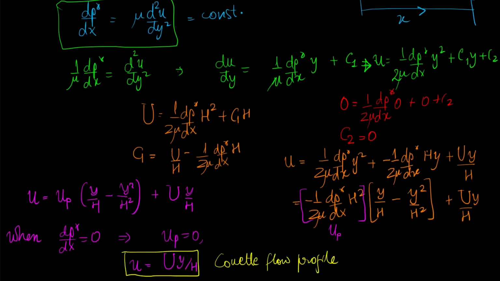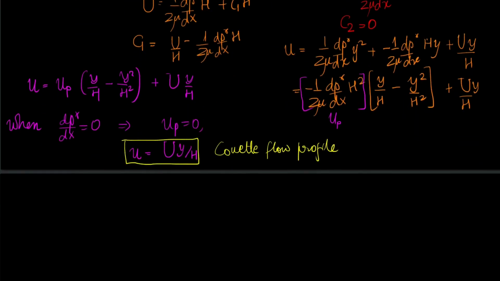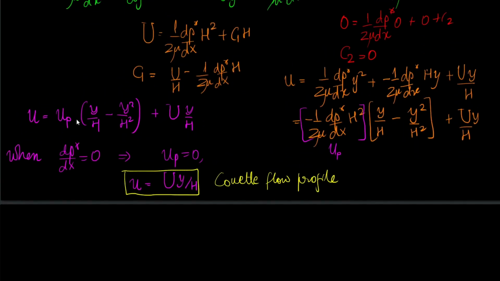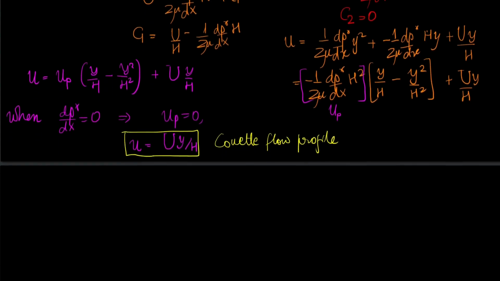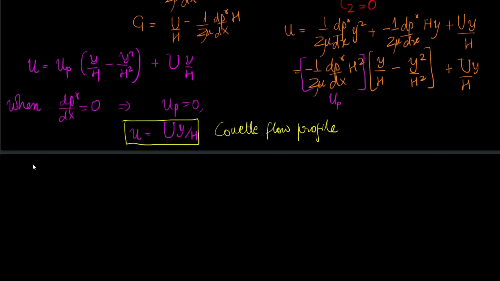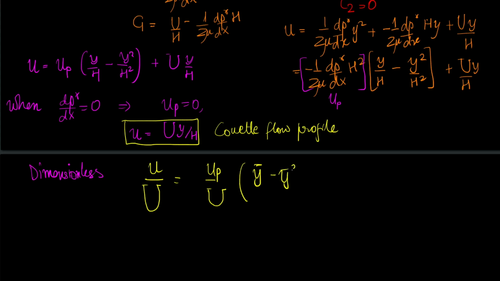Now you can go to MATLAB or whatever software you like, and you can plot this for different values of up. In fact, we can make everything dimensionless by dividing everything by capital U. So u by capital U, this will be up upon capital U times y bar minus y bar squared, plus y bar, where y bar is equal to y upon h, the dimensionless y coordinate.